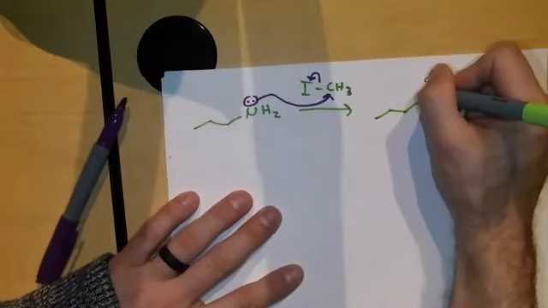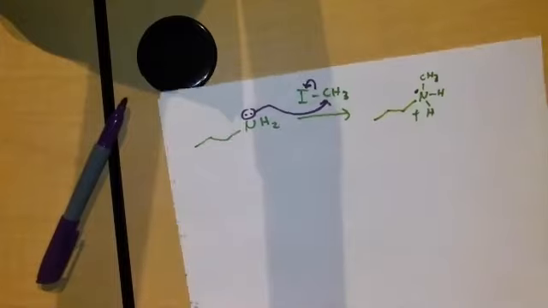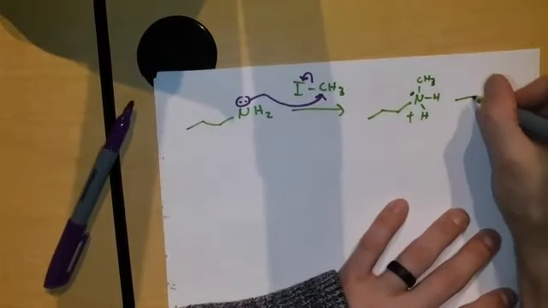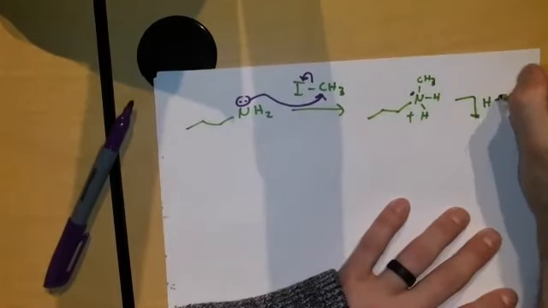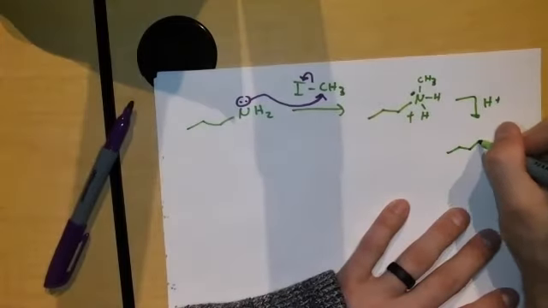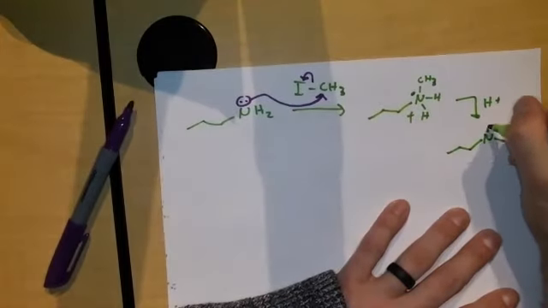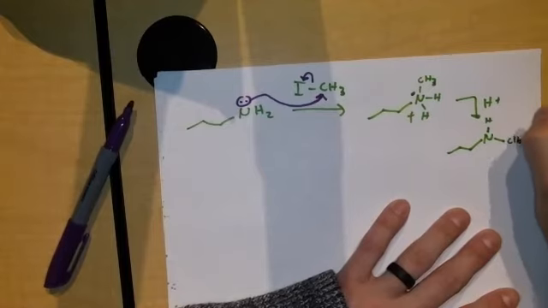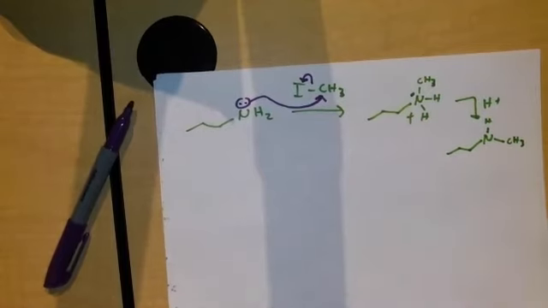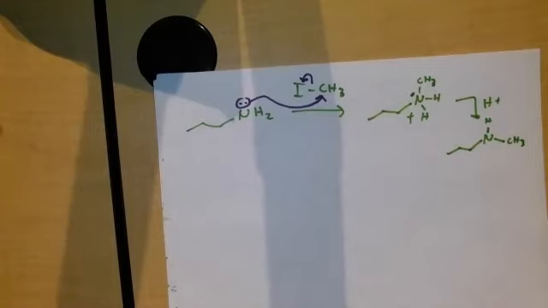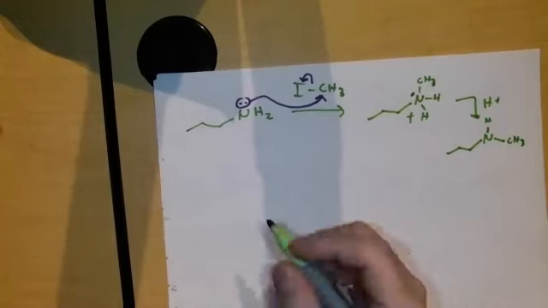Now, positive charge. We'll lose that proton in solution. And we can do an alkylation. If you keep throwing in methyl iodide, you can keep doing this.